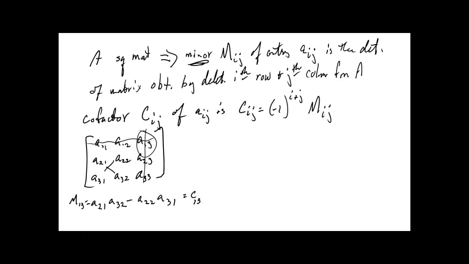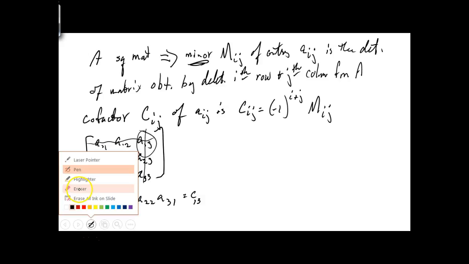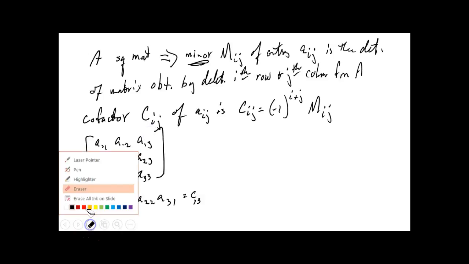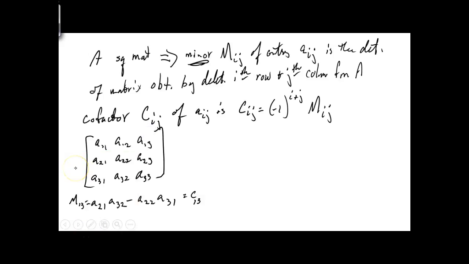If you had chosen one of the others that was a minus, I'll let one of you choose that. Choose another entry, not 1,3. Okay, I don't want to do that. Second? 3,2. Okay, we're going to do this one, right?